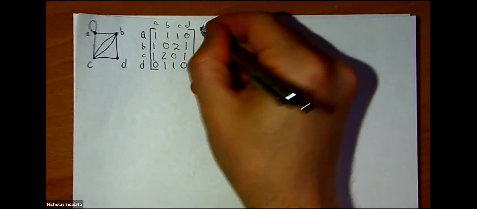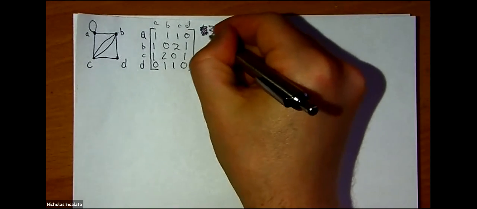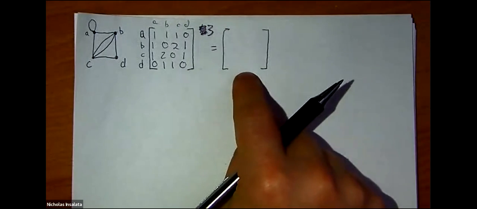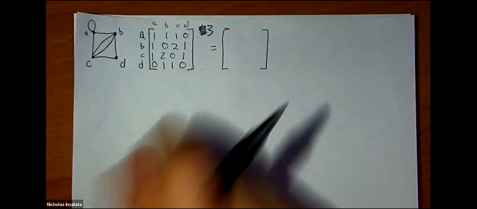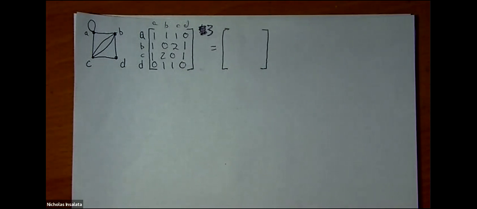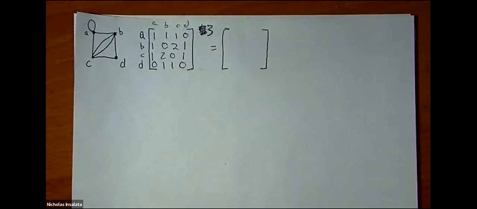Let me do cubed, just so I'm not confusing everybody. If I cube this matrix, what will be the dimensions of my answer if I multiply this by itself 3 times? How many rows and how many columns will I have in this result?